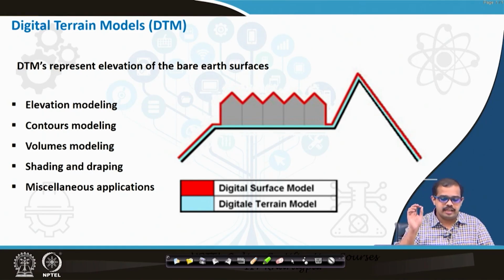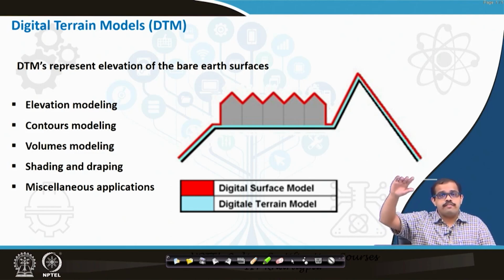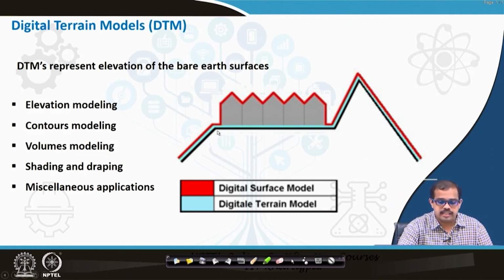When I look at DTM, the digital terrain model, it is only the surface of the earth that is measured in this particular model. Let us say this is the surface of the earth that is being mentioned here. This is a valley, this is a hill and this is a plain area.